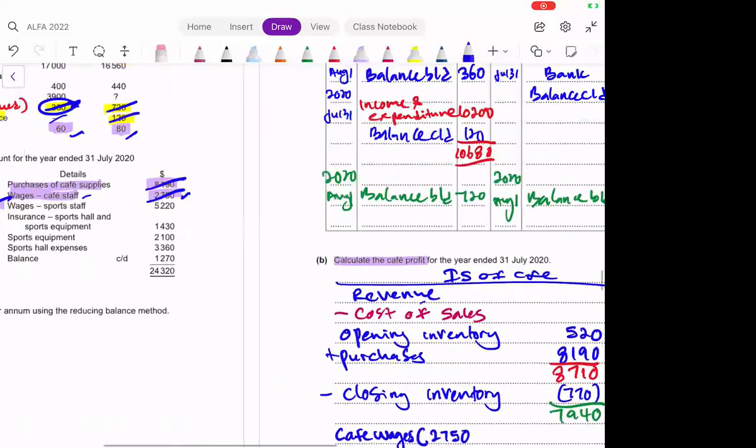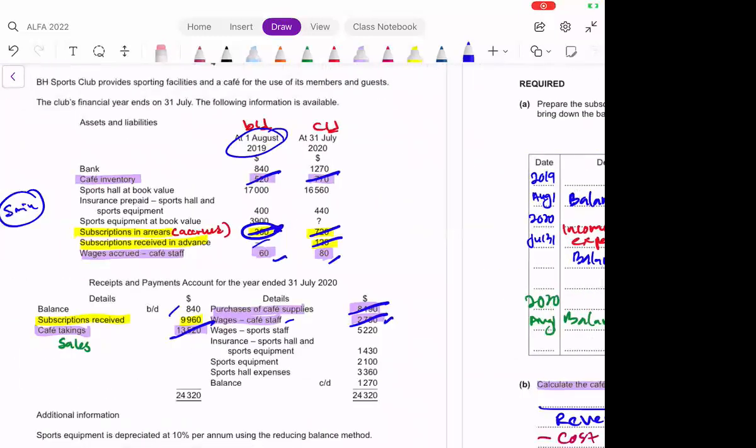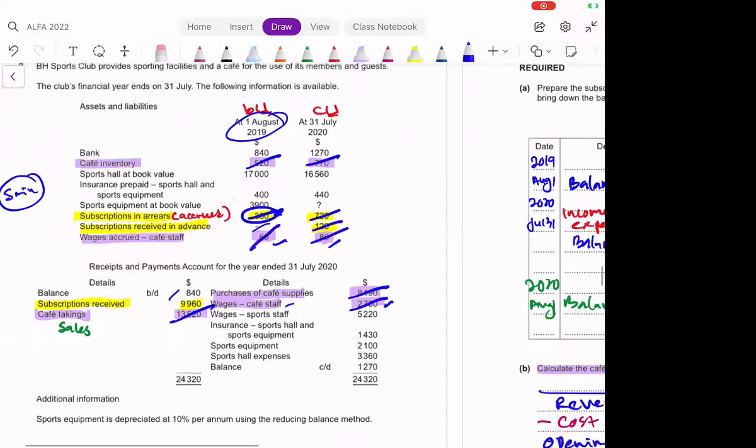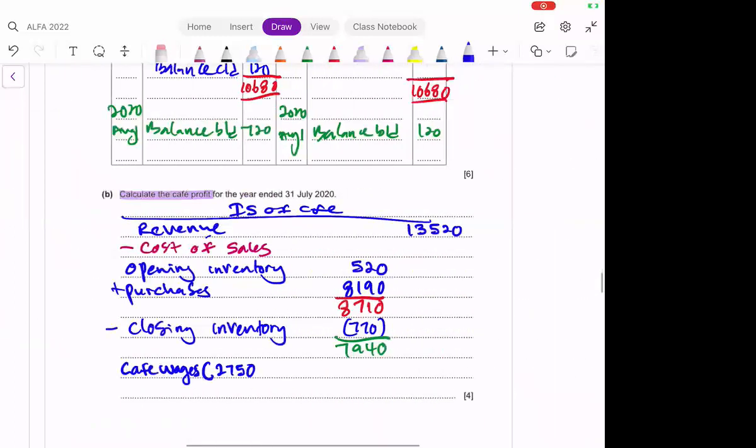But we have accrued. Accrued opening is minus, closing is plus. Understand? Opening minus, closing plus. So you get 2770.